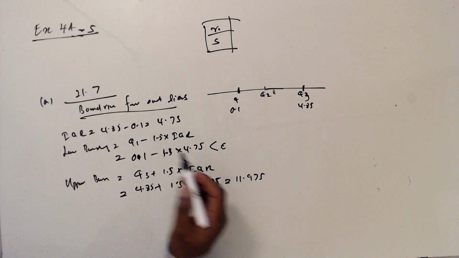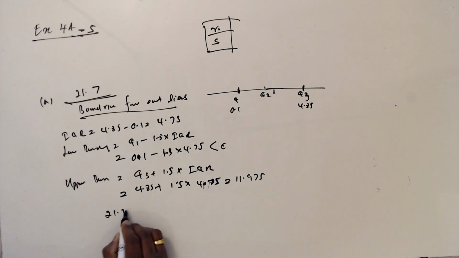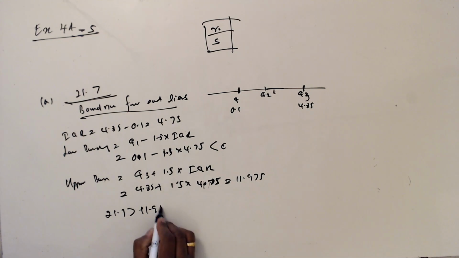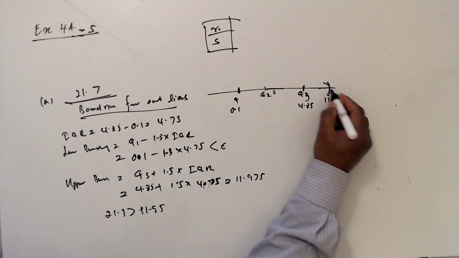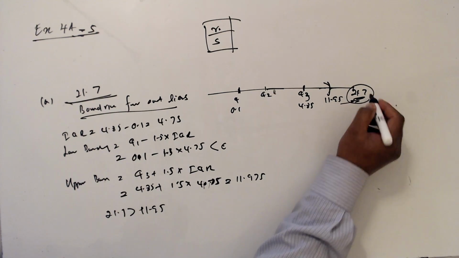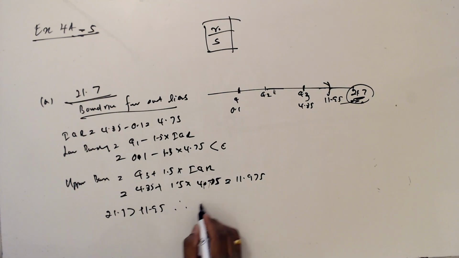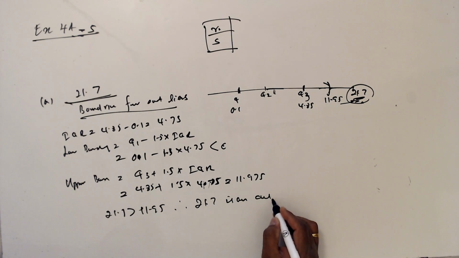So the given value is 21.7, so 21.7 is greater than 11.975, so this is an outlier, meaning 21.7 is an outlier.